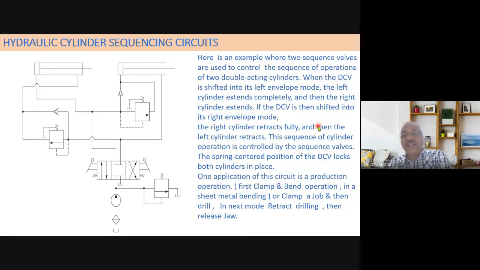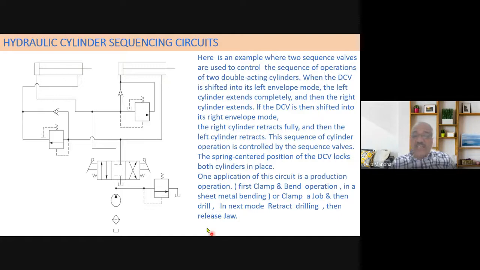The return cycle is similar. If the DCV is shifted into the right envelope, the right cylinder retracts fully first, then the left cylinder retracts. The sequence is controlled by the sequence valve. The spring center position of the DCV locks both cylinders in place. That means in the central position, both cylinders are locked.